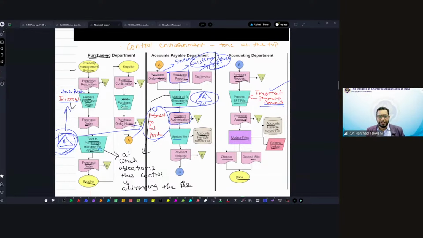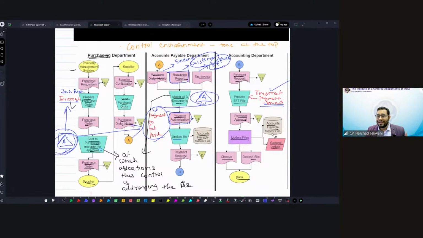For example, purchase order verification at the time of payment doesn't make any sense. Each and every control is designed to respond to a particular risk, as we understood in the last session, and this control is addressing that risk.